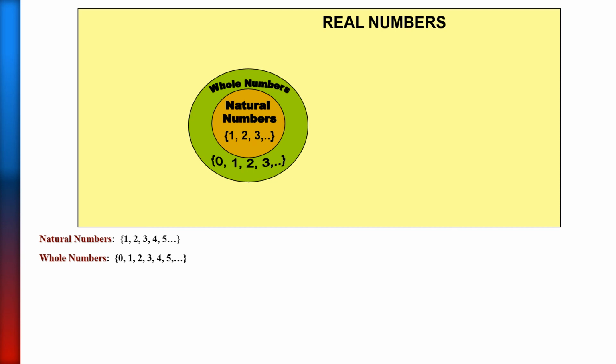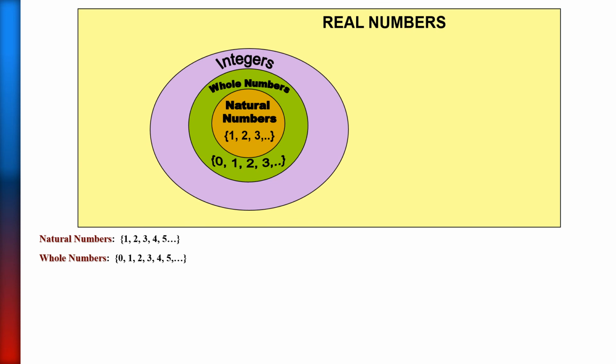The next set of numbers are when you include the negatives with those. So in other words, it's the set of whole numbers, but including the negatives now. When we include the negatives in, it is then called integers.